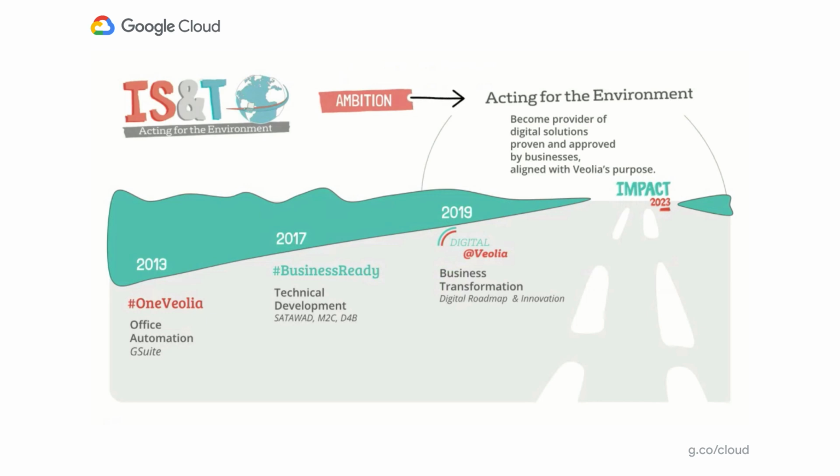An example, in 2013, with Gmail adoption for the entire group, or in 2017, with digital workplace setting up and public cloud adoption. And finally, in 2019, with bringing data value to our businesses. Strong IT foundation built so far by IT departments support objectives of the Impact 2023 strategic program.